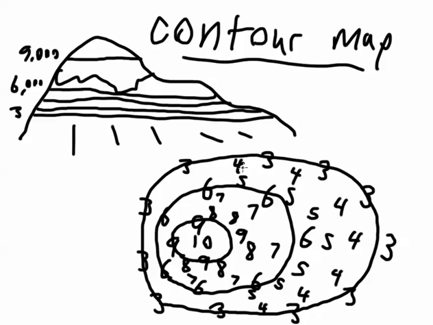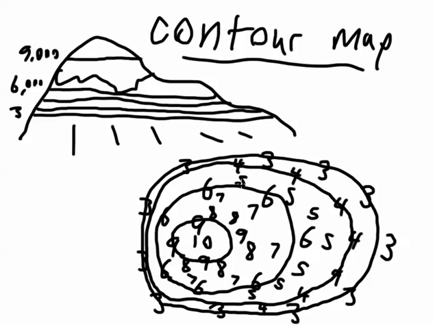So I could draw more contours using these 4s and 5s. So there's a 4,000 foot contour, like this. And there's a 5,000 foot contour, like this. And there's a 7,000 foot contour, and so on.